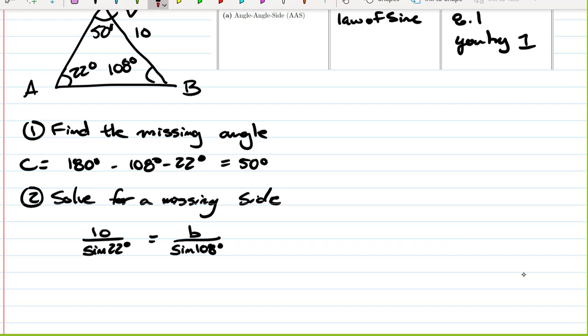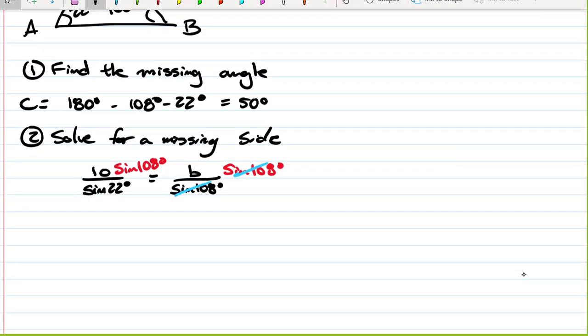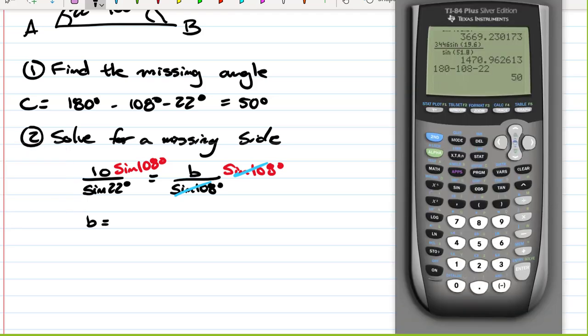And if we multiply both sides by the sine of 108 degrees, those reduce out, and we get B is equal to 10 times the sine of 108 over the sine of 22, which gives us 25.38. So rounding to the nearest tenth, we get 25.4.